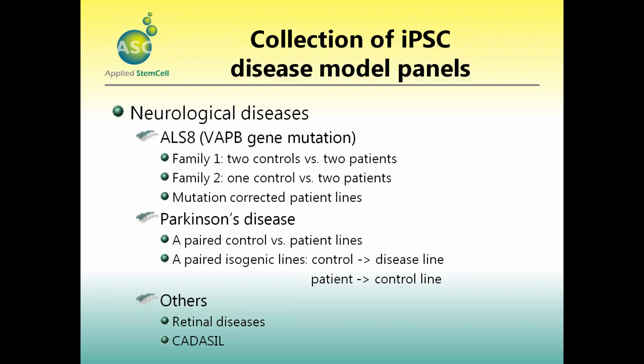One contains 2 controls and 2 patients, and the other contains 1 control and 2 patients. We have 2 mutation-corrected isogenic lines. We also have isogenic lines from Parkinson's patients and other neurological diseases. So if you have any interest, please inquire through our website or using our email address and phone number.